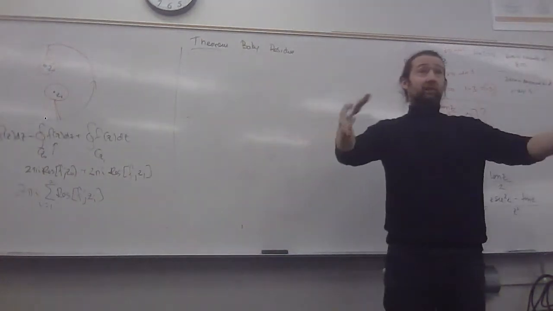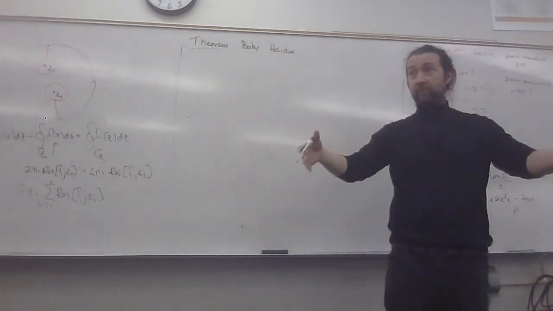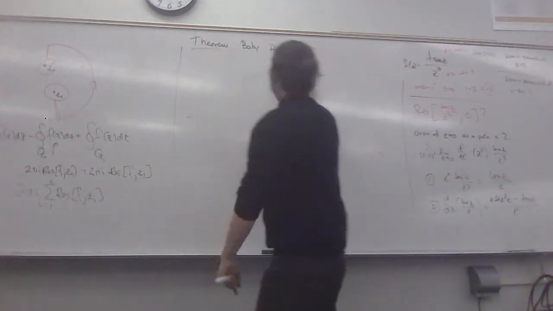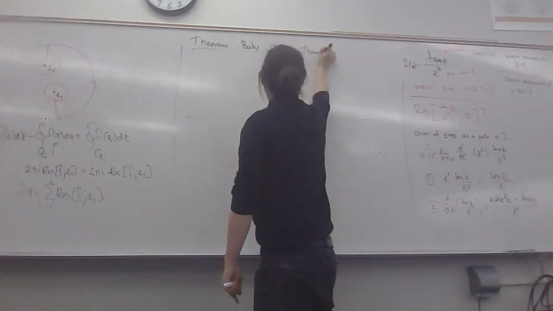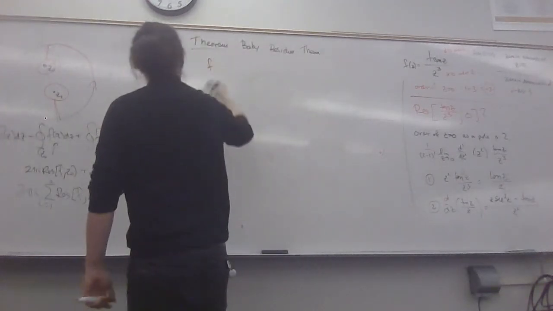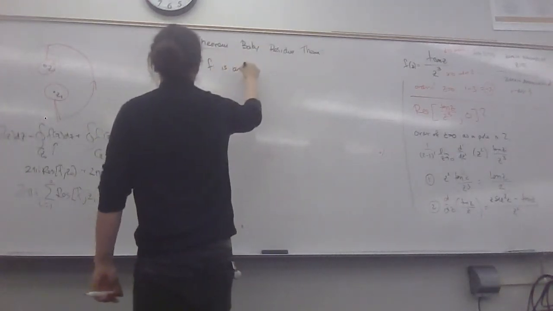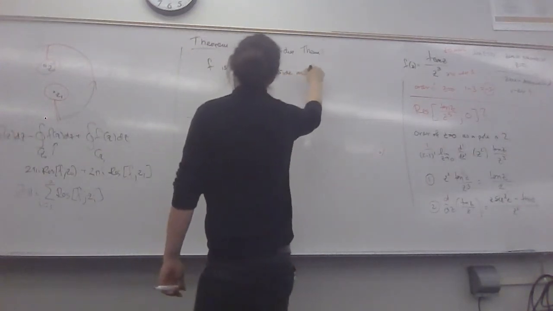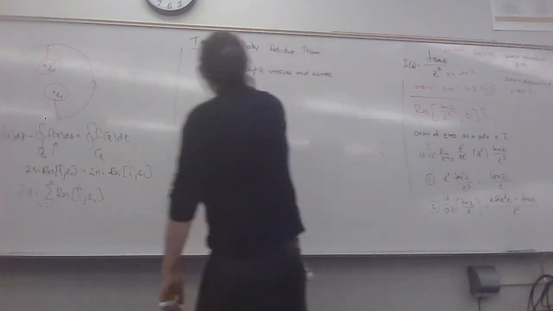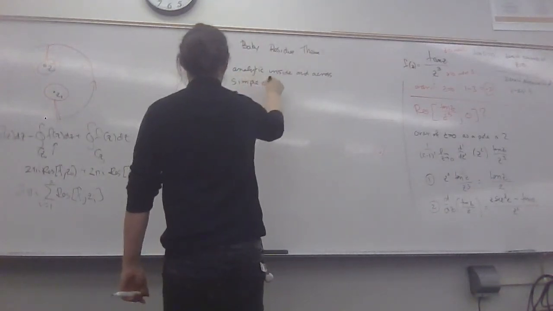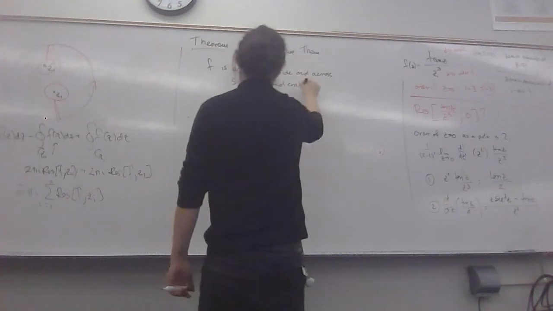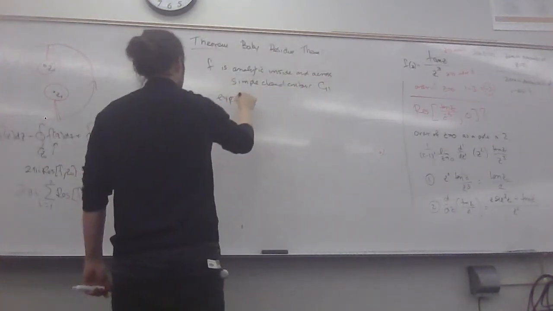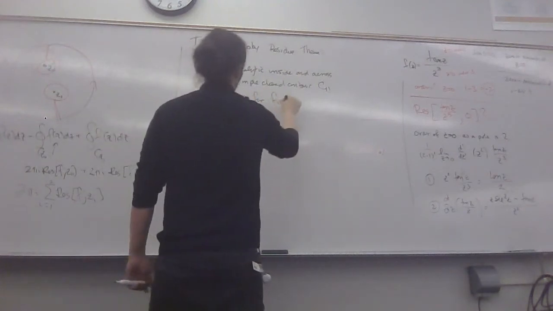Today's lecture is supposed to be, let's take all the pieces and glue them together into a technique that we can use. So the baby residue theorem says that if you have f, and f is analytic inside and across a simple closed contour C, except for a finite number of poles.